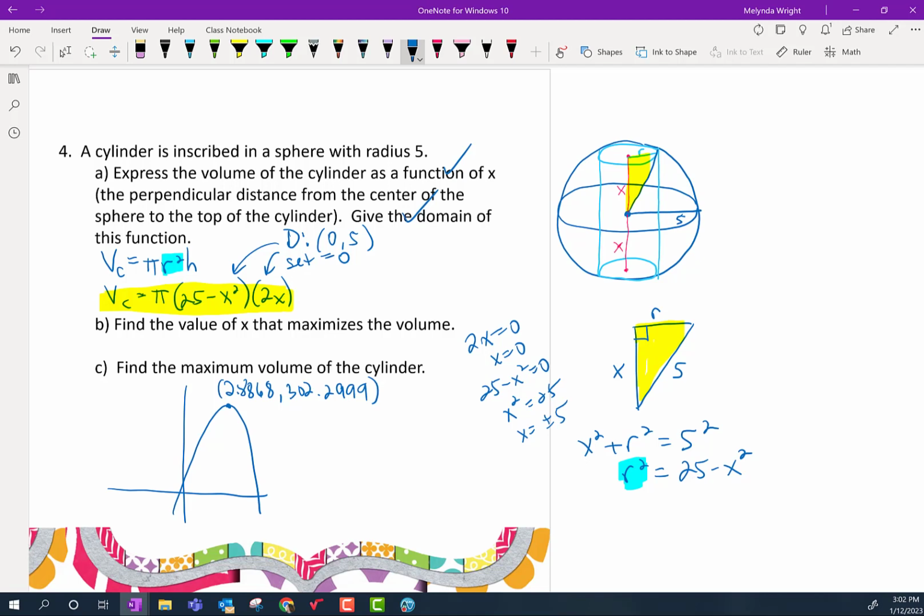So the value of x that maximizes the volume is 2.887. We don't have any units, so that's where we leave it. The maximum volume is this y value of 302.3. All right.